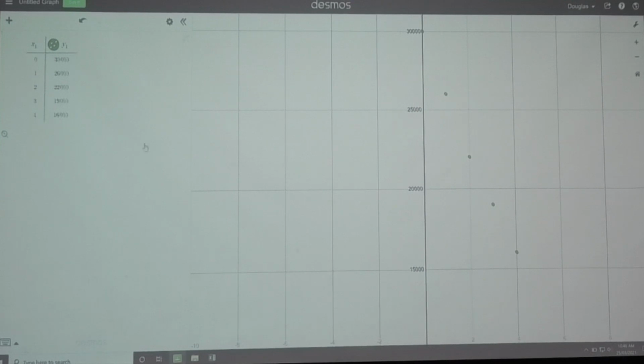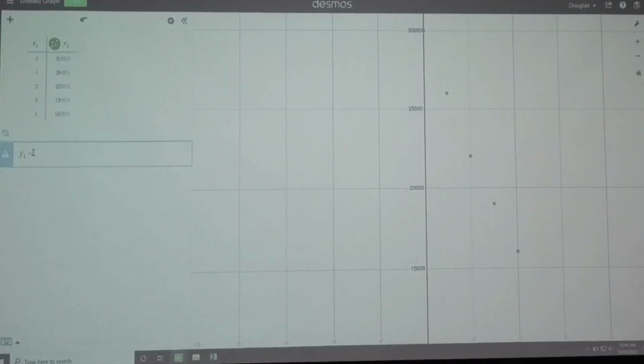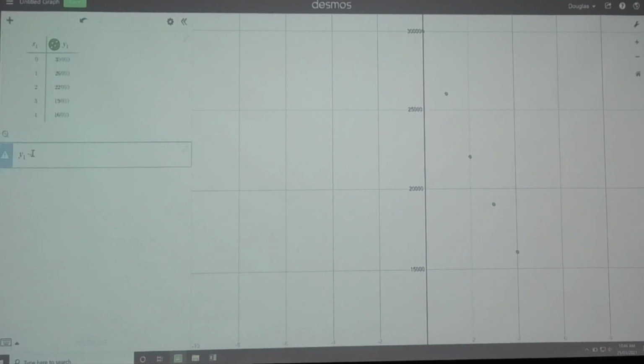So below here I'm going to get you to write Y1. Then you're going to look for this little symbol here. This special little symbol, it'll be in your numbers keyboard. It's an approximation sign, sort of like a hyphen but squiggly.